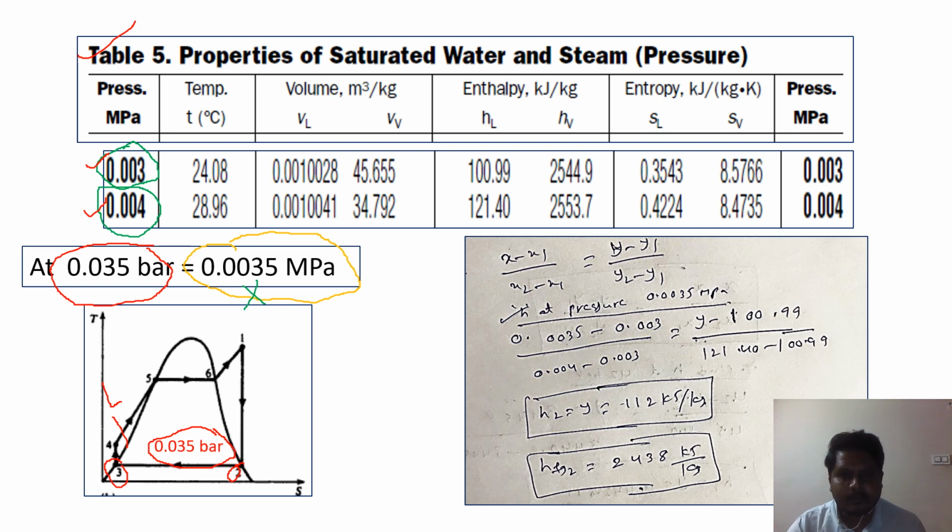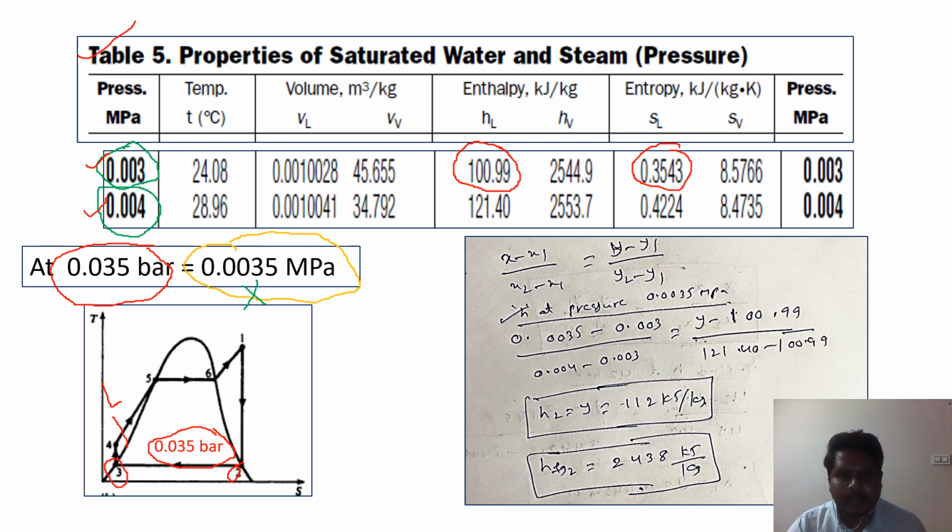Those values are: at 0.003 megapascal, HF value, enthalpy of the fluid, 100.99 kilojoule per kg, and entropy 0.3543 kilojoule per kg Kelvin.